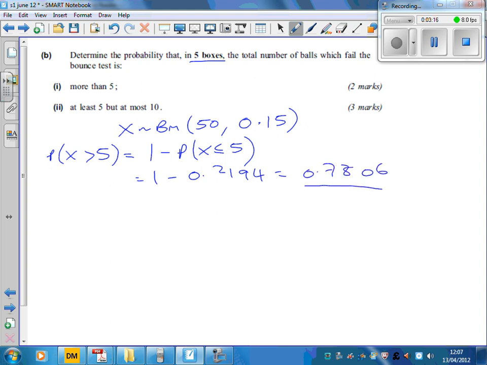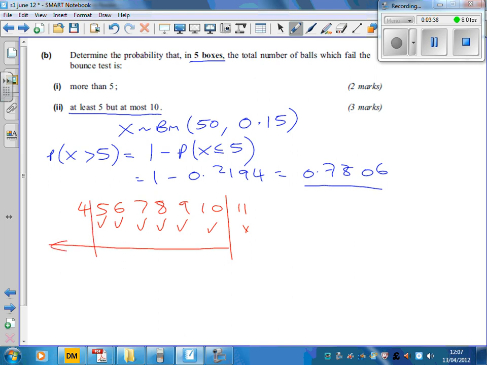And again, at least 5, but at most 10. They're just trying to confuse us, aren't they? So what do we got? At least 5, happy with 5 and 6 and 7 and 8 and 9, at most 10, happy with 10, not happy with 11.